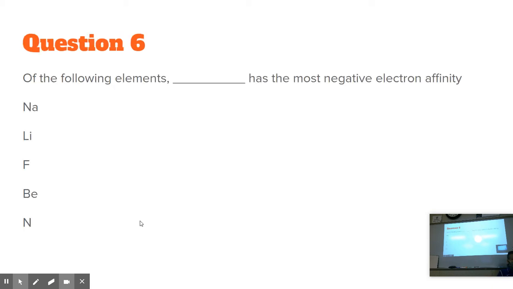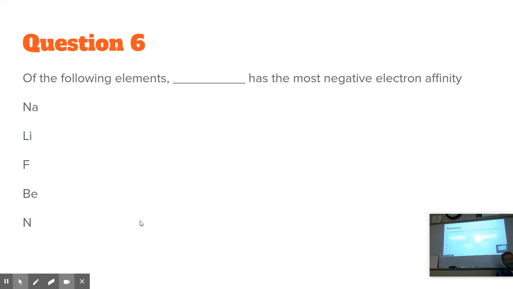Question 6. Of the following elements, blank has the most negative electron affinity. Now I want you to think about this answer. Of the following elements, blank has the most negative electron affinity. As a reminder, the more negative an element is in terms of electron affinity, the larger its value is, the stronger it is, if you will.